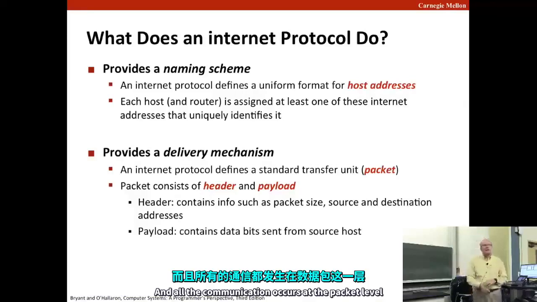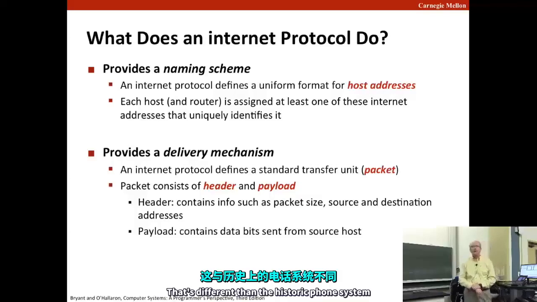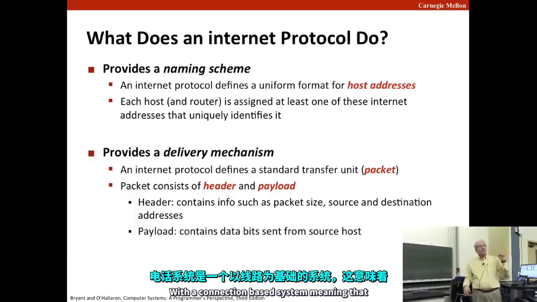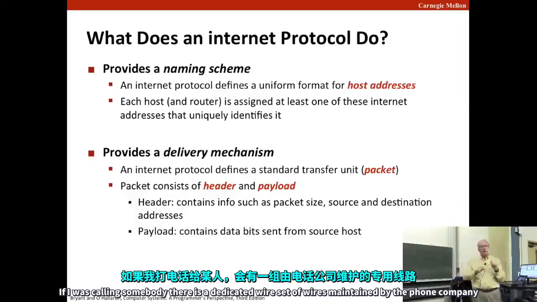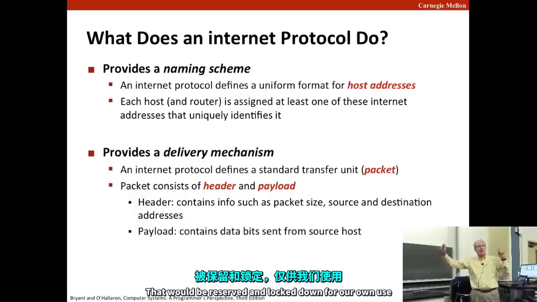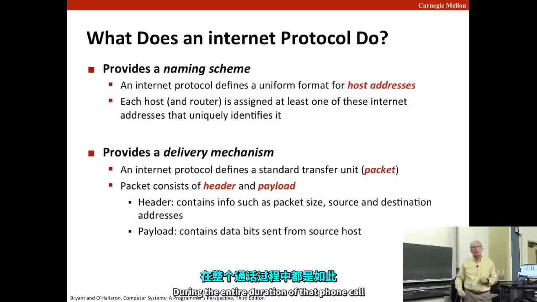And all the communication occurs at a packet level. That's different than the historic phone system, which was a connection-based system, meaning that if I was calling somebody, there was a dedicated set of wires maintained by the phone company that would be reserved and locked down for our own use during the entire duration of that phone call.